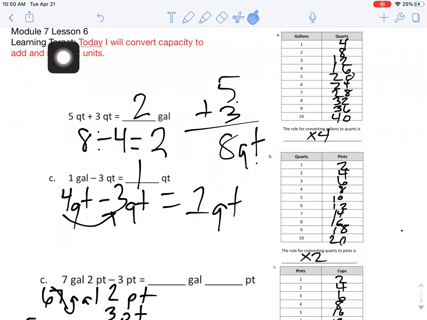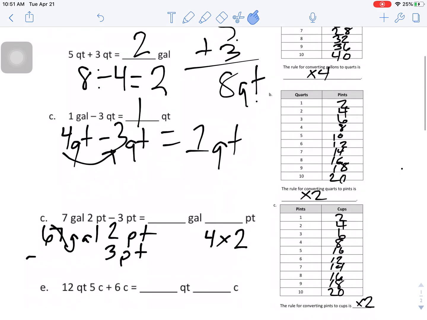So there are 4 quarts, and each quart has 2 pints. That means there are 8 pints in a gallon. So when I regroup my gallon, it is going to add 8.